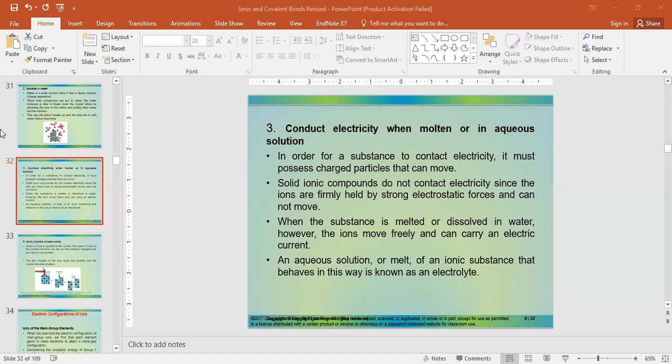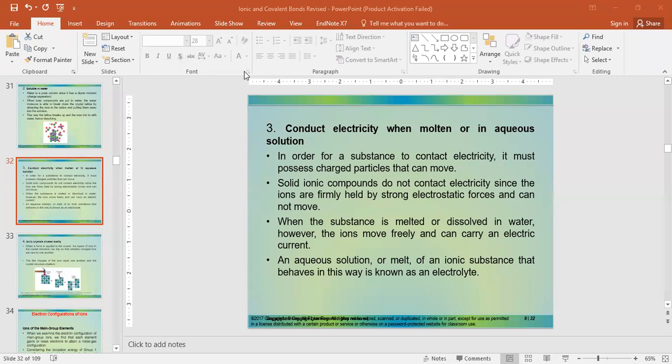This happens because for an electric current to be conducted, one, there has to be charged particles. And number two, these charged particles must be mobile. That's why in order for a substance to conduct electricity, it must possess charged particles that can move. It must have some mobile charged particles, and these charged particles could be either positive or negative.